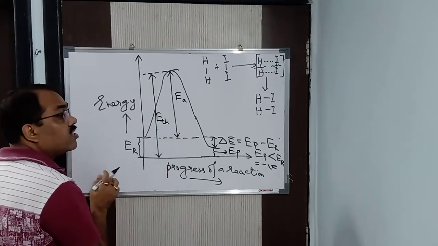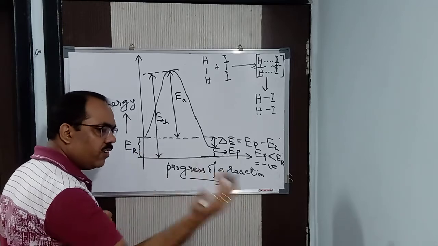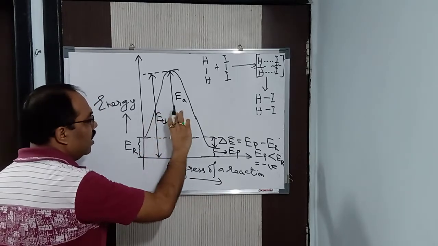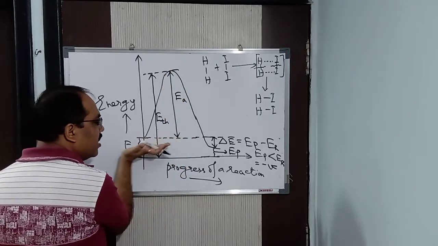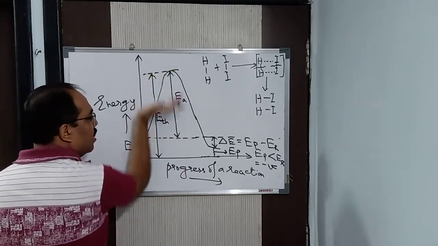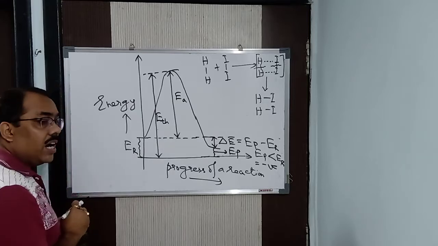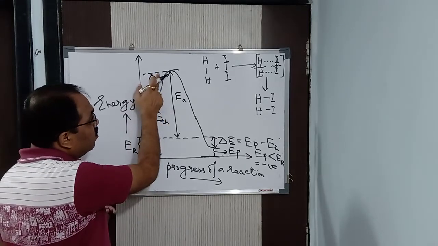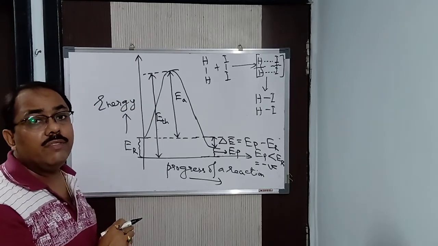What is that called? Threshold energy. The minimum amount of energy required by the reactant molecules to carry out a reaction is called threshold energy. And the excess amount of energy required by the reactant molecules to reach the threshold level is known as activation energy.